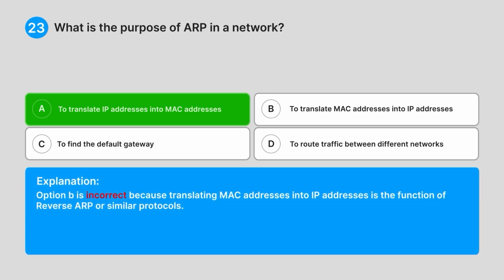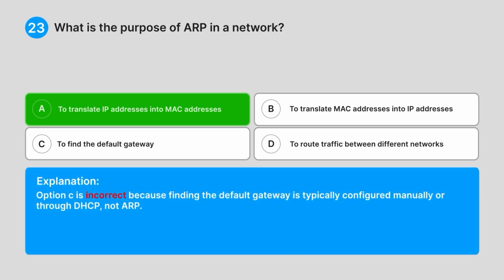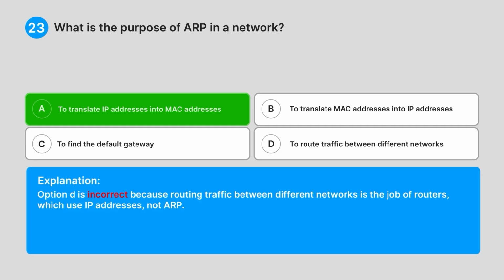Option B is incorrect because translating MAC addresses into IP addresses is the function of reverse ARP or similar protocols. Option C is incorrect because finding the default gateway is typically configured manually or through DHCP, not ARP. Option D is incorrect because routing traffic between different networks is the job of routers, which use IP addresses, not ARP.